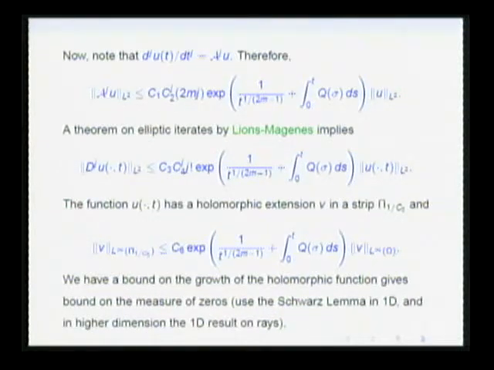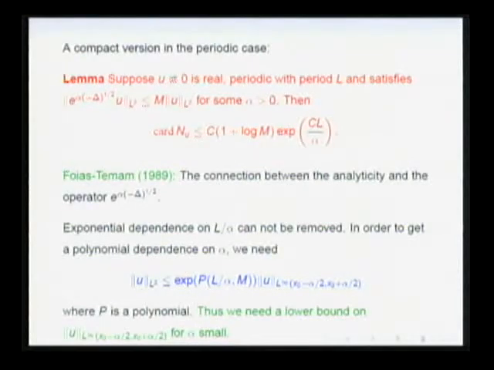All right, so that is how it goes for linear parabolic equations. For the periodic case, you can actually make a black box like this. So assume, this is not a solution of a PDE, suppose you have real analytic periodic functions with period L, and assume that this Fourier-Gevrey type norm is bounded by a constant M times the L2 norm of u.